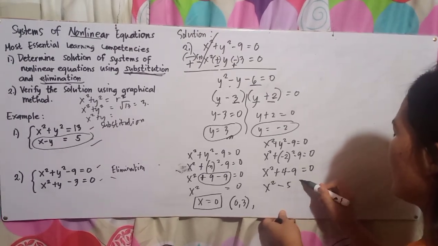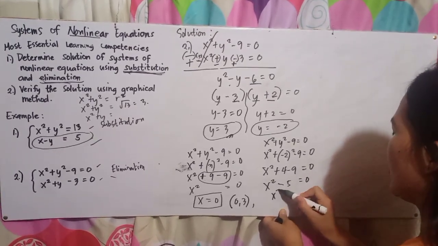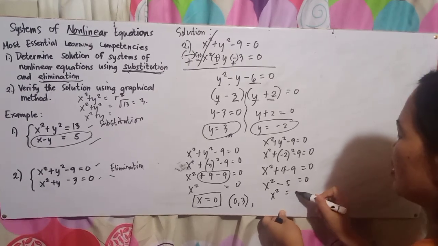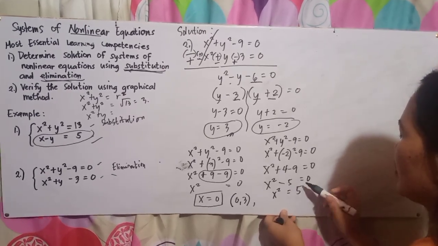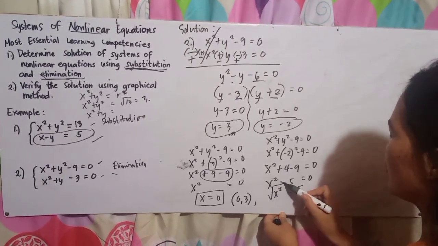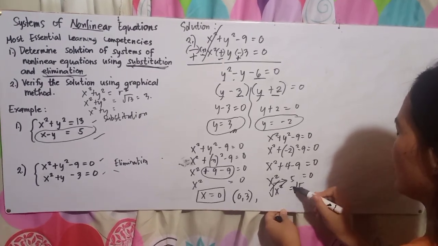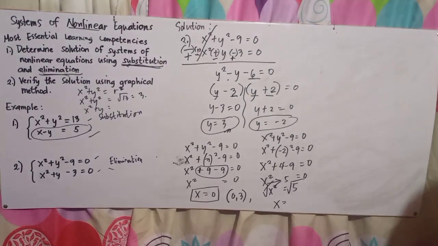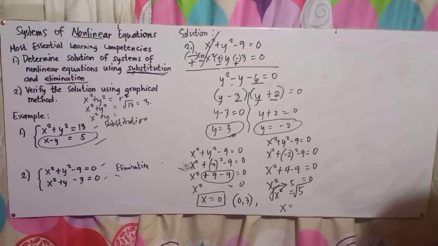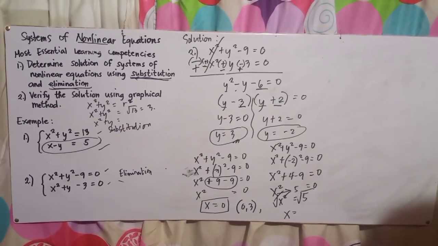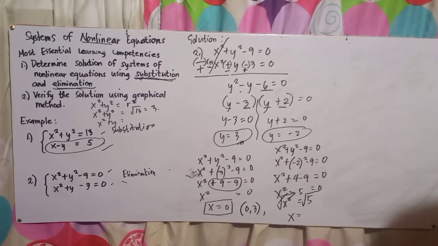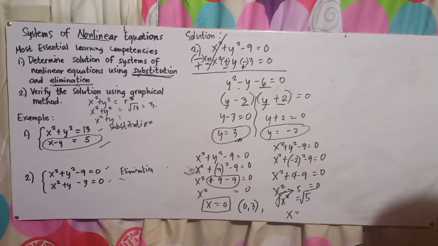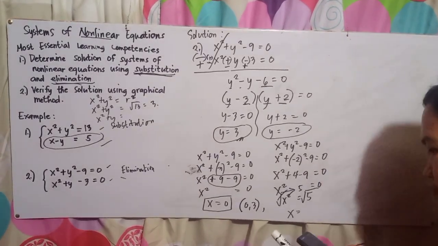Minus 5 equals 0. X squared, ibalhin, magiging positive 5. So, square root, para ma-cancel out. So, x equals square root of 5.